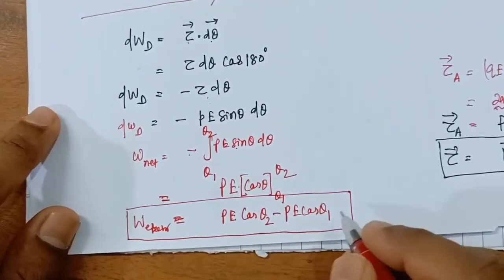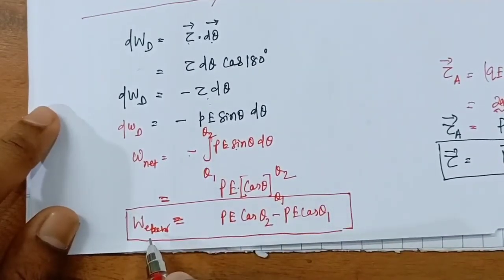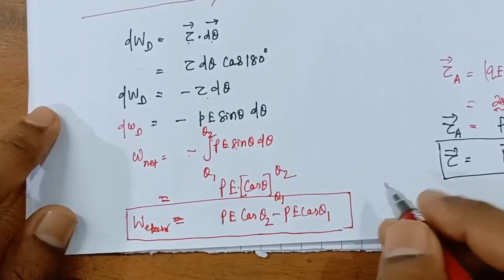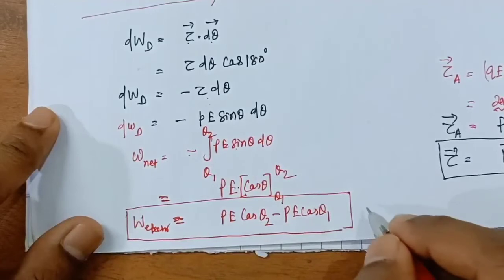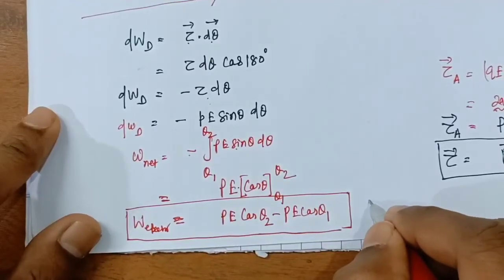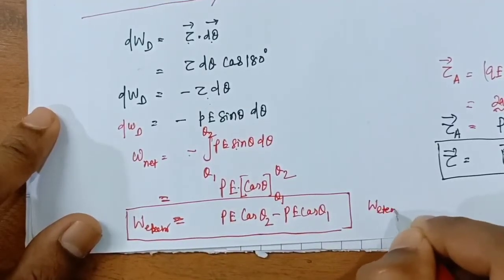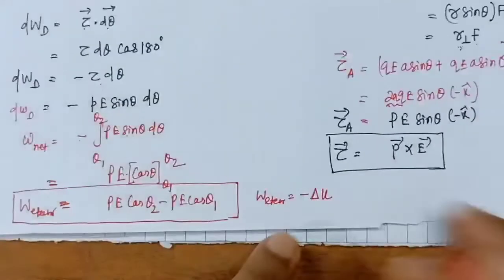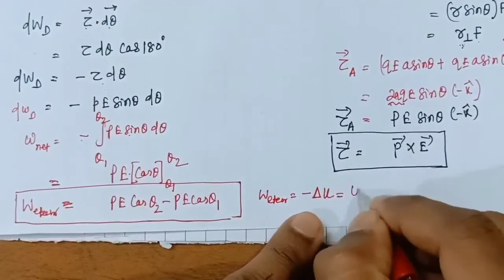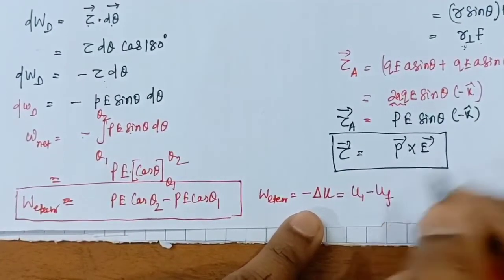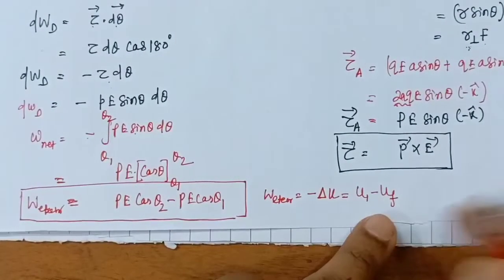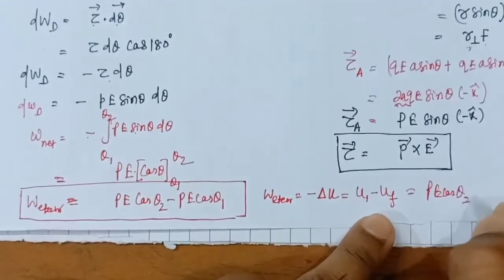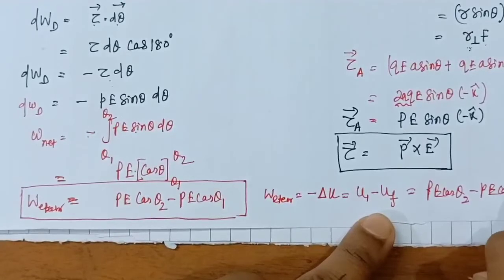Now the important thing is, we know the work done due to electrostatic force is negative of the work done due to external force. So using this, can I say the work done due to electrostatic is nothing but the negative of the change in potential energy, and this can be written as U initial minus U final equals pE cos theta 2 minus pE cos theta 1.